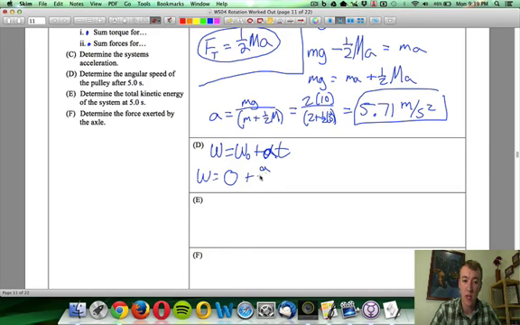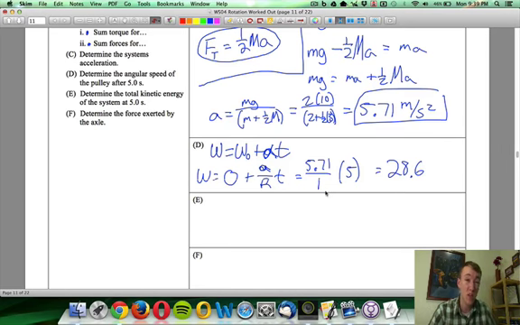And I know that I can use this equation here, tangential acceleration over the radius times time. So this is going to be 5.71 divided by my radius of 1 times my time of 5, and I get 28.6. What are the units for angular velocity? Radians per second. So that's just some more angular kinematics there.